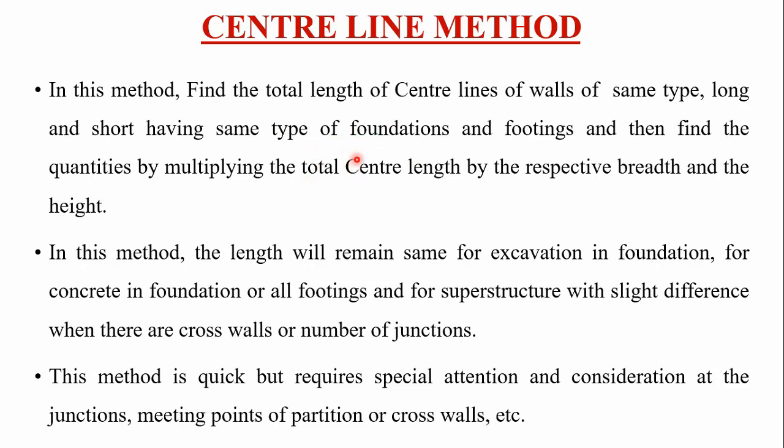Other quantities like plastering, flooring, painting, etc. will be calculated as usual, as we have done in the earlier classes. In this method we calculate the center line length of the walls having the same type of foundations and footing. If the wall thickness or footings vary, that length has to be calculated separately.